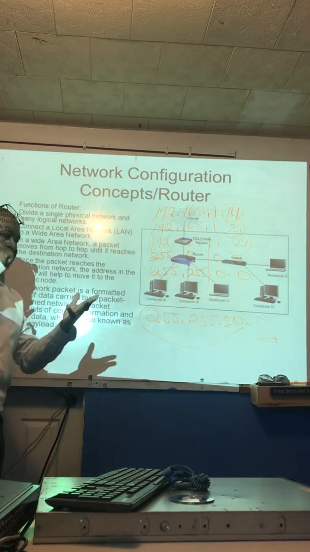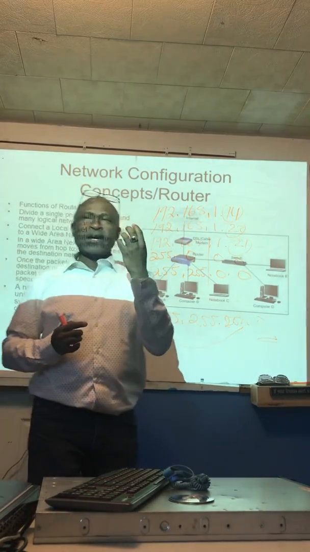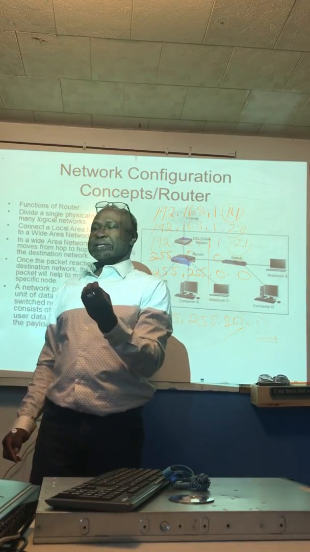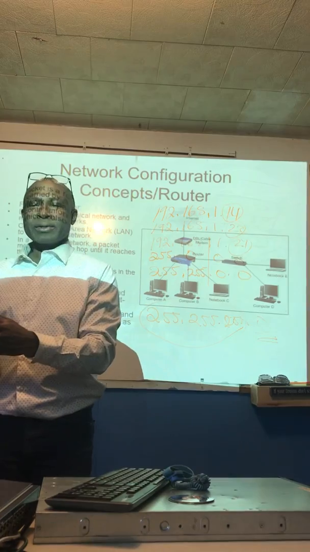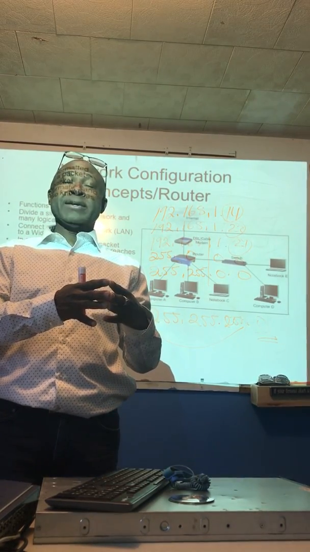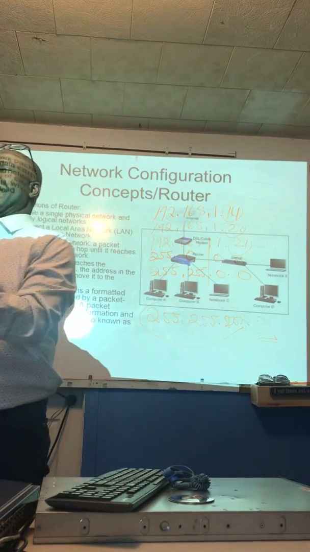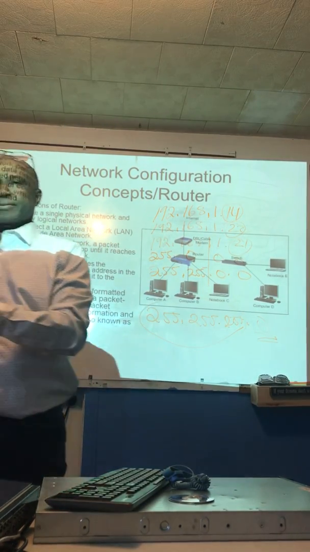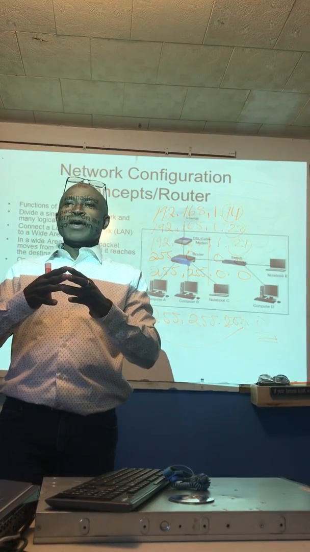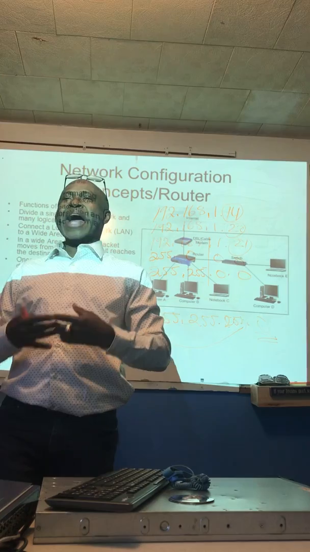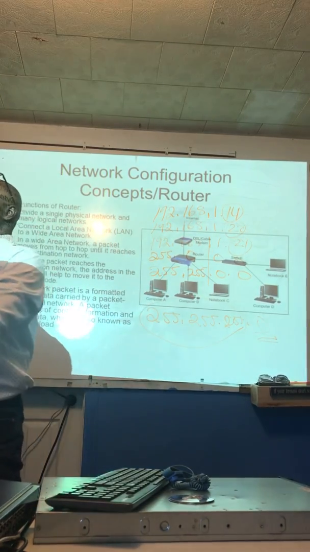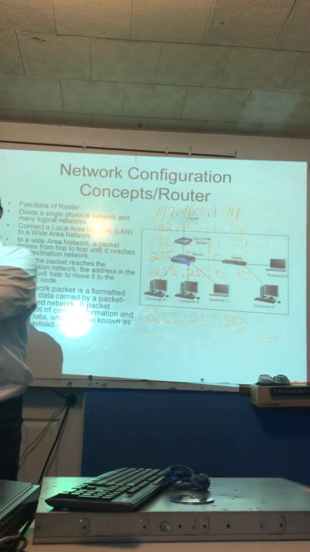So I said the subnet mask allows the router to separate the network ID portion of the IP address from the host ID portion of the IP address. The gateway is the IP where all the packets have to go through to leave the network.